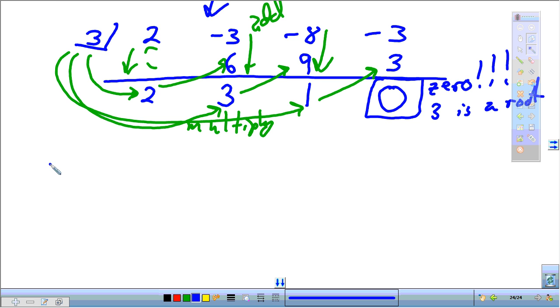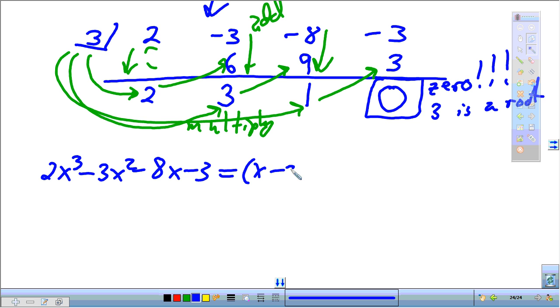We started with 2x cubed minus 3x squared minus 8x minus 3. We found that 3 is a root, so x minus 3 is a factor. But actually I can read off the other factor.